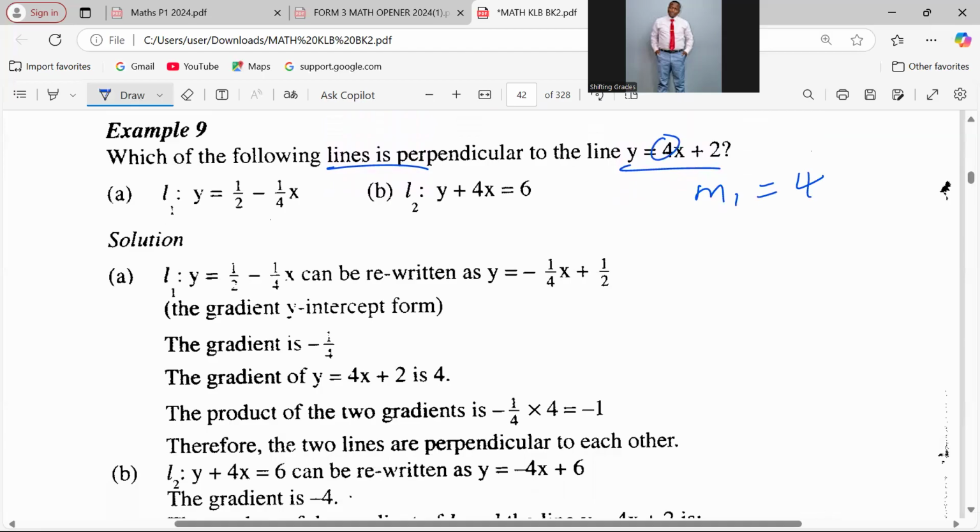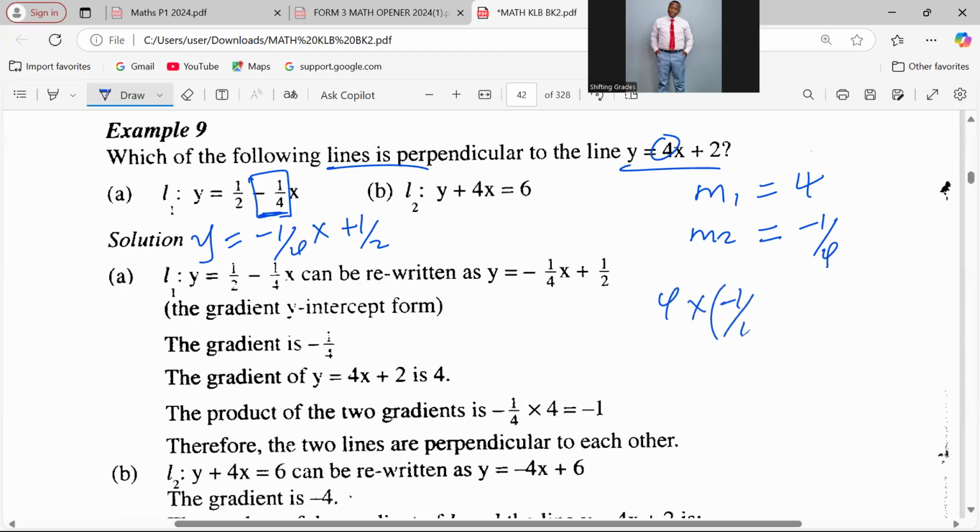What about the second gradient? I'm having the second gradient as negative a quarter, or I express the line plus half. So gradient 2 equals negative a quarter. What if I multiply 4 and negative a quarter? Am I not getting -1? Yes. Therefore, L1 is perpendicular to the provided line. Why? Their product is -1.